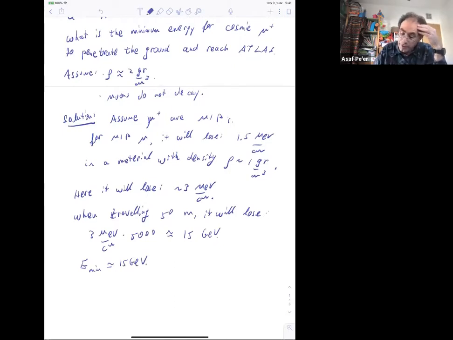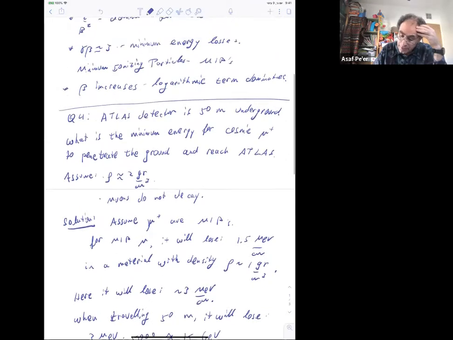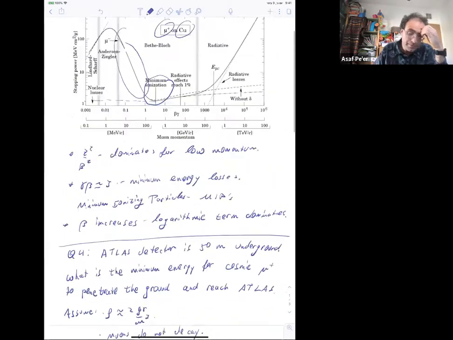Now we argue that the muons are MIPs. We can look to see whether this assumption is valid, and we see that for 15 GeV, which is roughly around here, the penetration depth is not exactly 1.5, I assume, MeV per centimeter, but 2 MeV per centimeter.